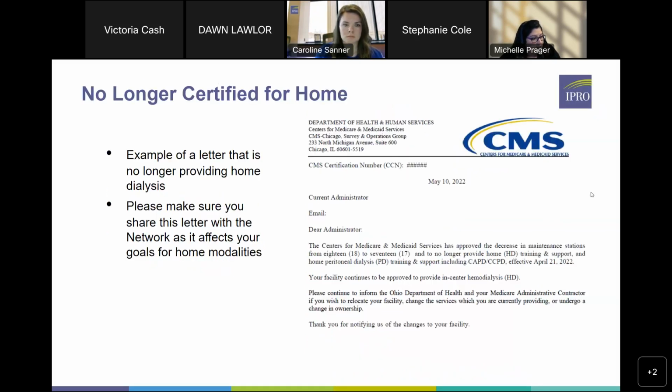This is an example of a facility that no longer has home. They were once certified for home and then they no longer have home. We will get help desk tickets from facilities that say, we no longer have a home program, but we still have a home goal. We will ask for a certification letter that shows that they're no longer certified for home.